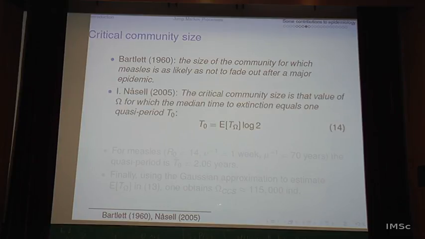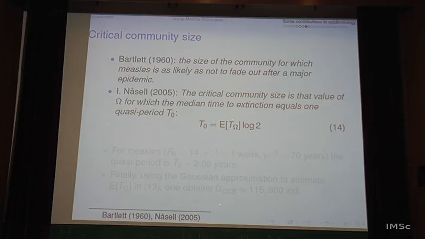So Ingemar Nåsell in 2005 proposed the following definition. He said that the critical community size, the CCS, is that value of omega, the population size, for which the median time to extinction equals one quasi-period T0. So it means that if the median time to extinction is equal to the quasi-period, it's likely that my epidemic will go extinct before the next epidemic.